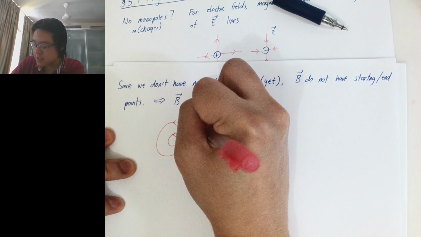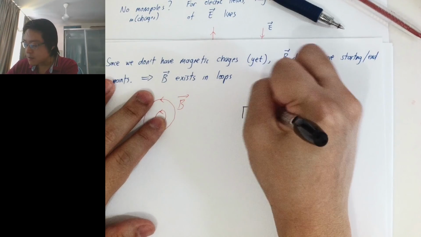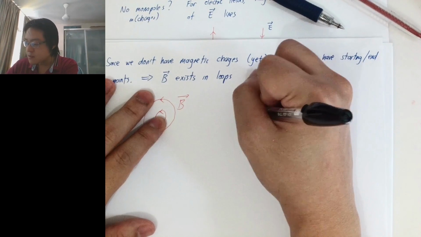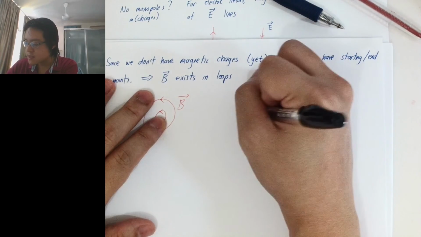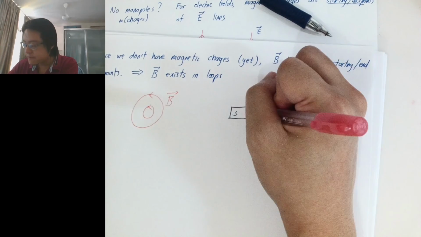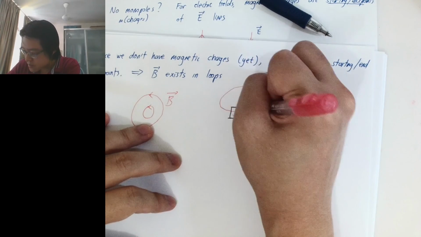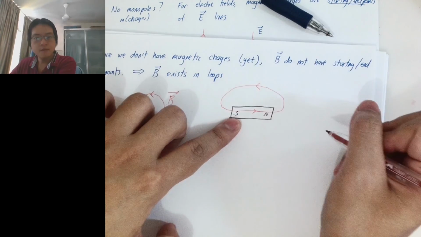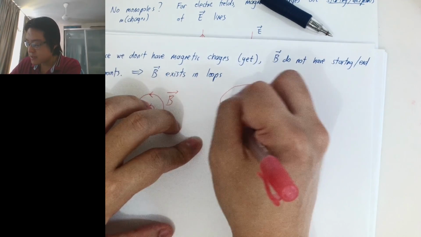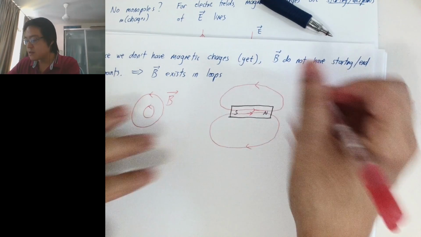For example, remember what we draw for the bar magnet, with north and south. The field goes outside, goes one round and then comes back, so it closes in a loop. Same thing for the other direction.